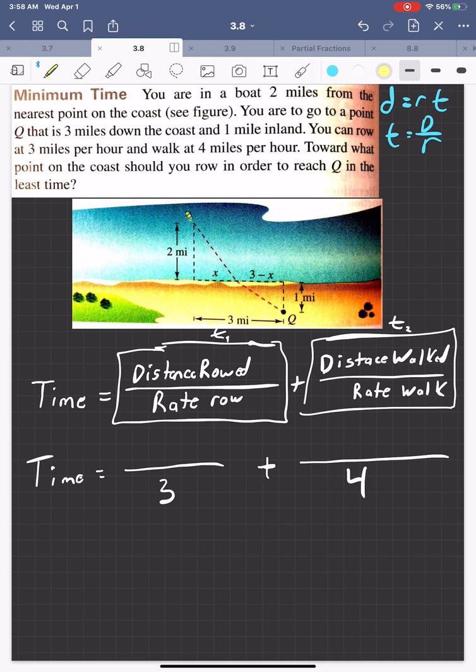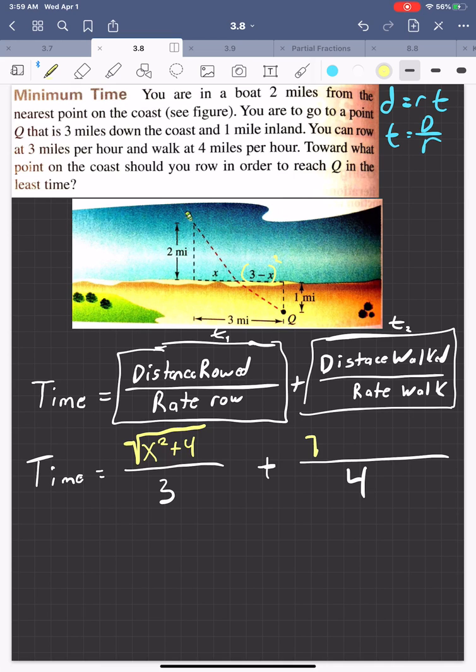All right. So that would be 2 squared plus X squared is equal to that hypotenuse squared. So you would take the square root of that. So we'd have the square root of X squared plus 4. And then finally, whatever the second distance is, it would be (3 minus X) squared plus 1 squared.